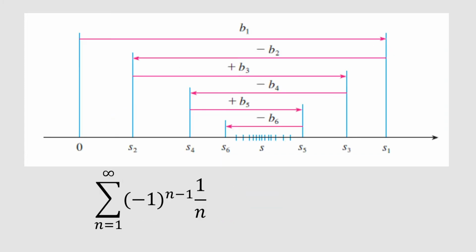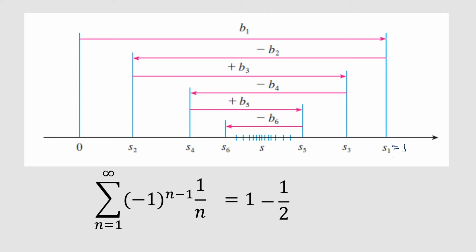Moving on, we can make use of this illustration for us to have an intuitive idea that the alternating series is convergent. For this series, the first term is 1. That's the value when n is equal to 1. And so, the first partial sum, represented by s sub 1, is also 1.